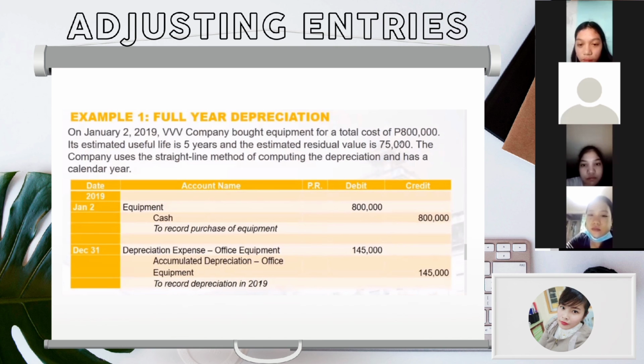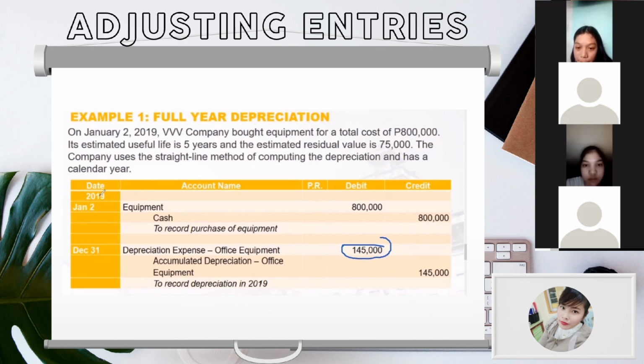Anong nakuha nyo? 725,000. Very good. Divided by 5. 145,000. Very good. So, 145,000. So, ang nakalagay dito, January 1 to December 31. So, ibig sabihin yan, ito yung yearly depreciation niya.